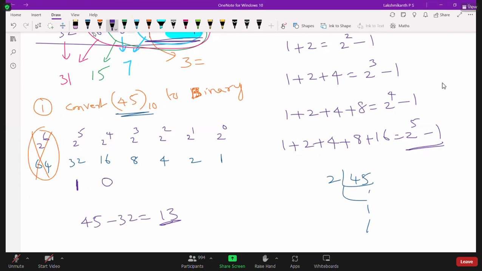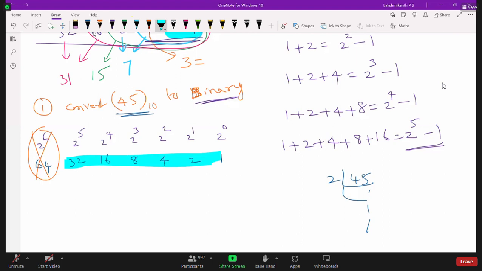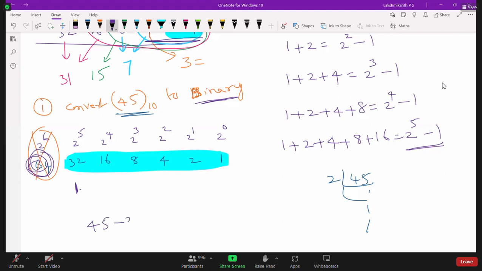Hope it is clear. 45 is a decimal number and we are going to convert it into a binary number. We have written the place values, exponents of 2: 1, 2, 4, 8, 16, 32. So when you write 45 base 10 as a binary number, 64 is not necessary. We need 32, so we put 1. How much more is required? 45 minus 32, so 13 more.